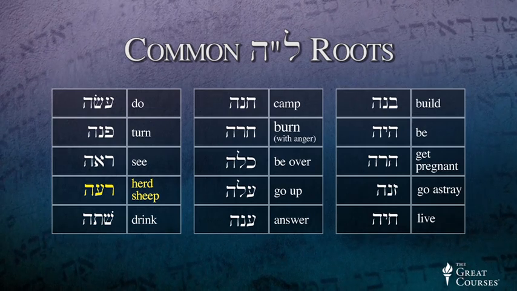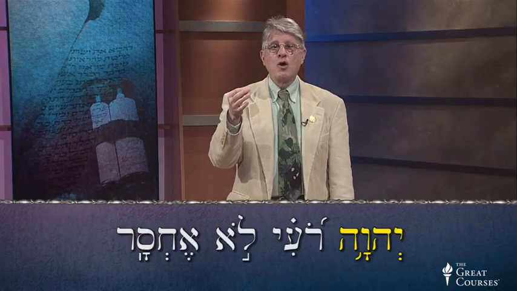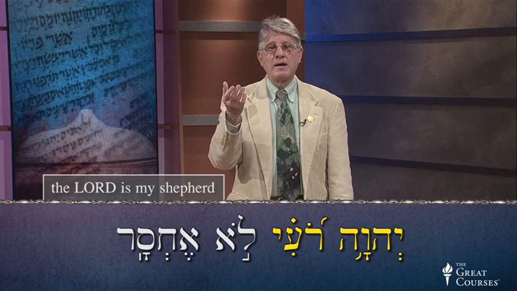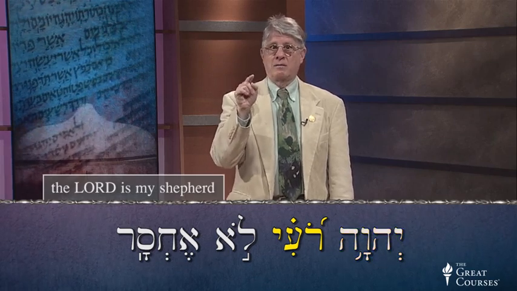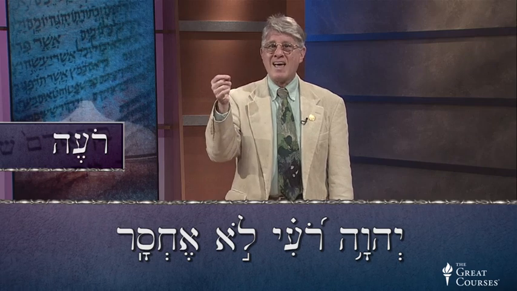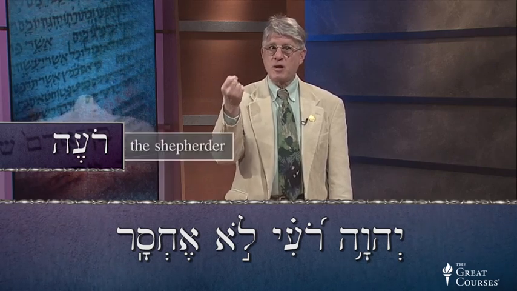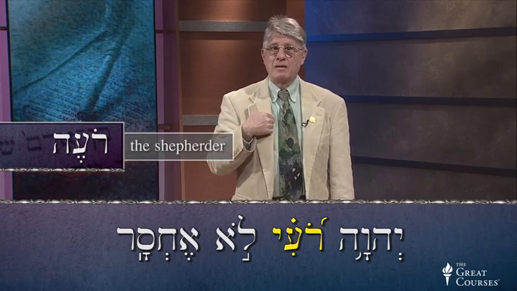If you want to remember ra'ah with an ayin, to herd or to pasture animals, think of Psalm 23, which begins this way. Adonai ro'i, the Lord is my shepherd. Ro'i with an ayin. The ro'eh, a masculine singular active participle, the shepherd belonging to me, ro'i.